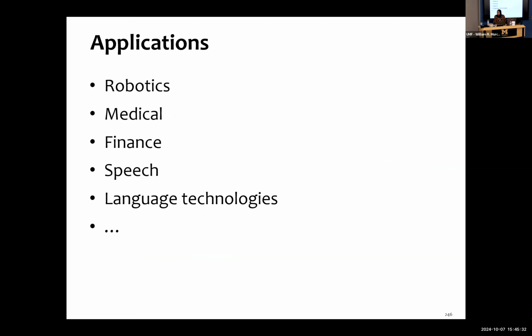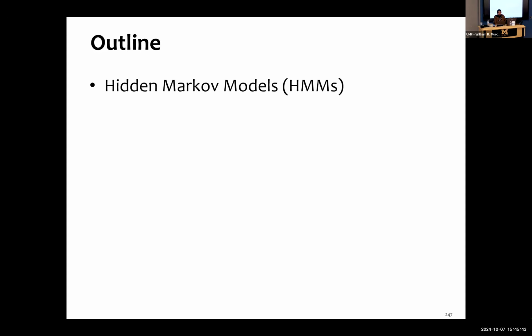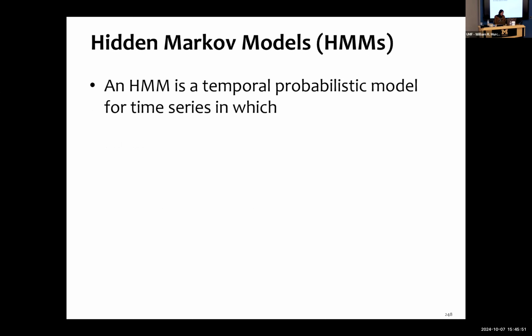So this has a wide range of applications, and could be applied in different domains like robotics, the medical field, finance, and so on. This shows the importance of Bayesian networks. And today we are going to talk about hidden Markov models. Hidden Markov models are an advanced way to model or represent time series, and it's a temporal probabilistic model.